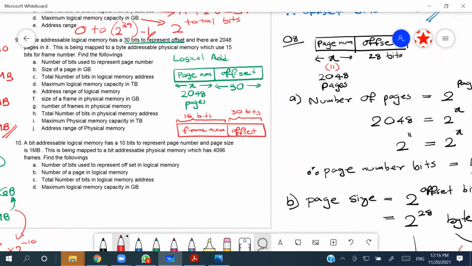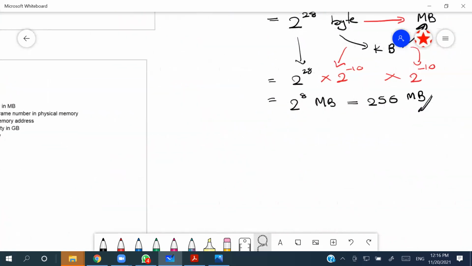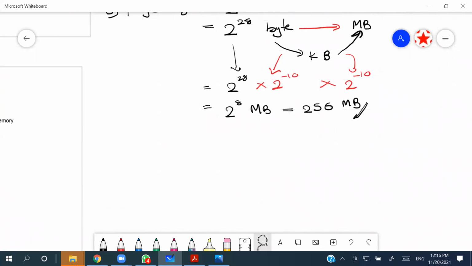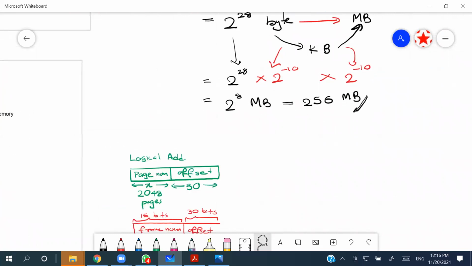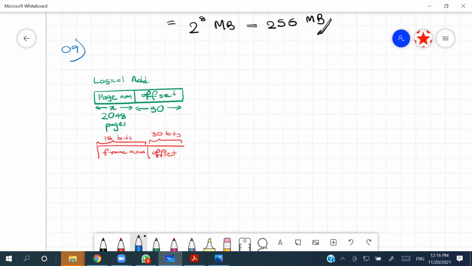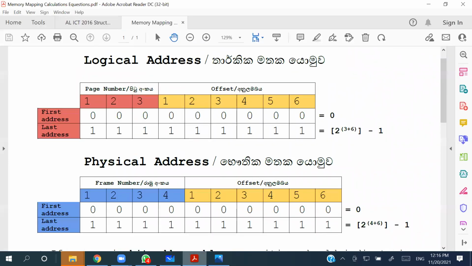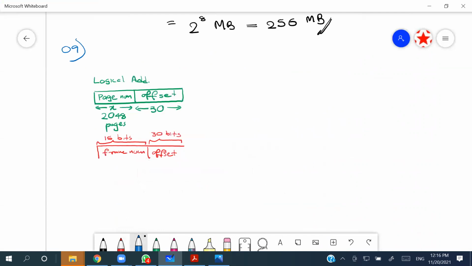Let me take this drawing to the place where I am going to do the calculation. Okay, so this is the 9th question. For my convenience, I will open the calculations from here.